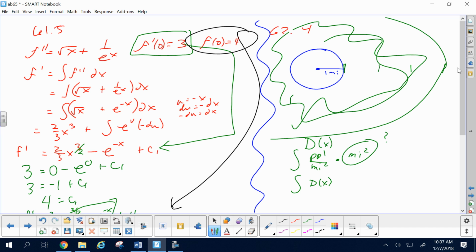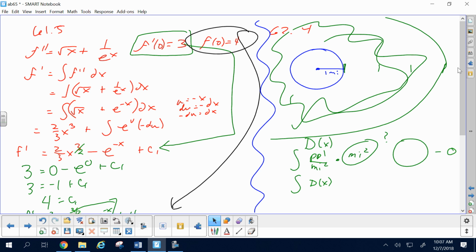Now, I know it feels like the area of that region is just big circle minus little circle, right? Now the problem with that is that that density isn't the same for all those different regions.